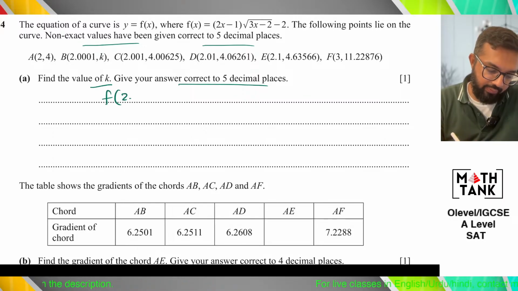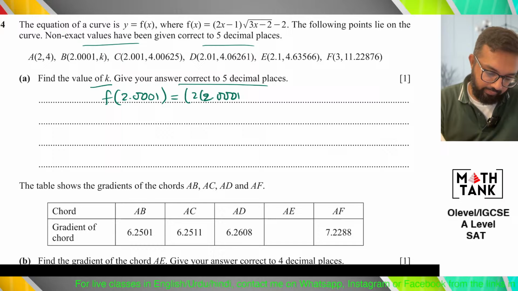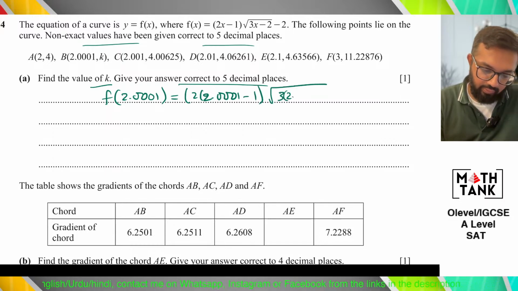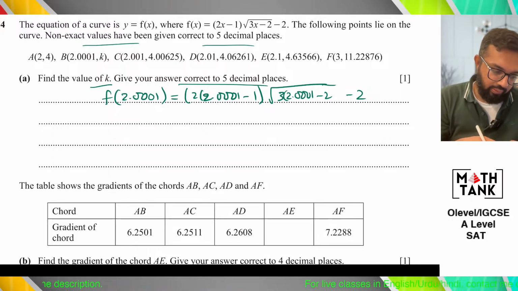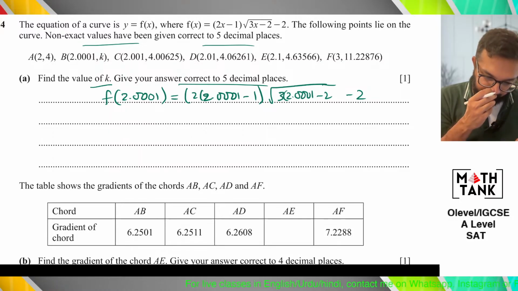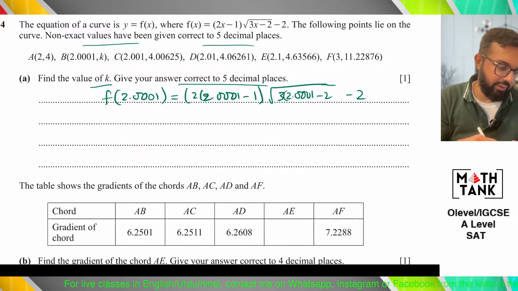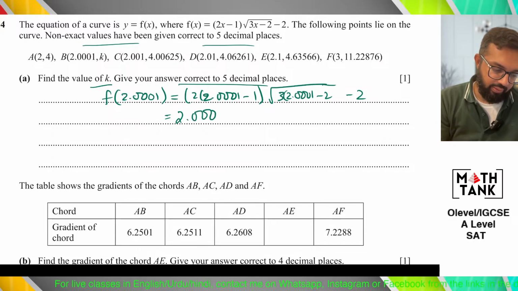So what I'm going to do is I'm going to insert the value of x, these zeros and the root of 2.0.